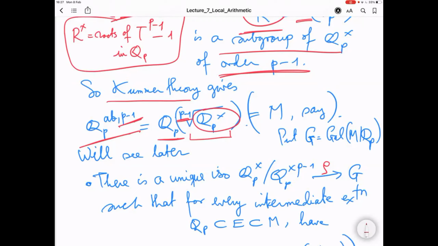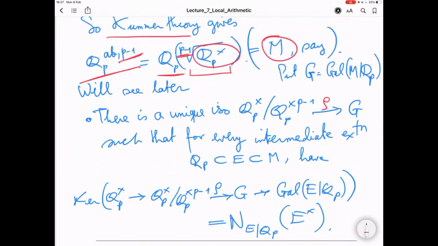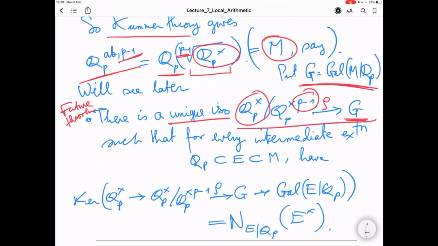Okay, so if we call M this extension, then the theorem is going to be, it's a future theorem, that there's a unique isomorphism rho between Q_p star modulo p minus 1th powers and the Galois group of this M over Q_p.